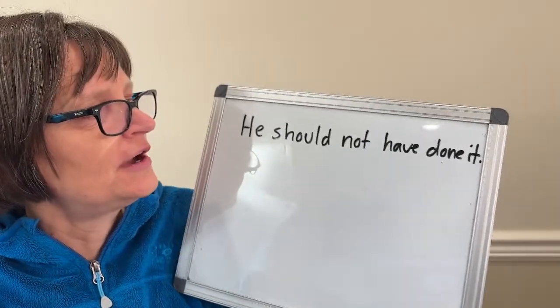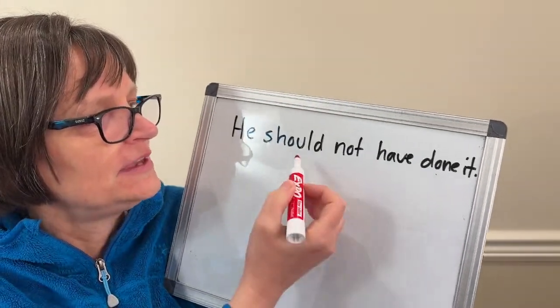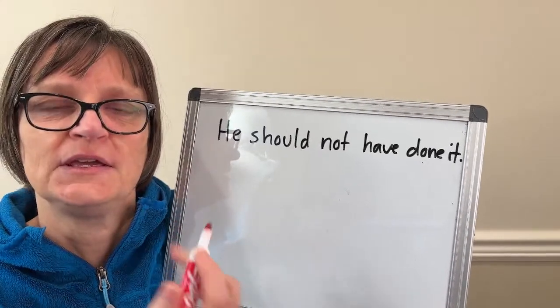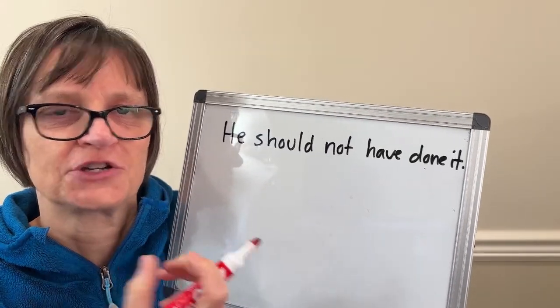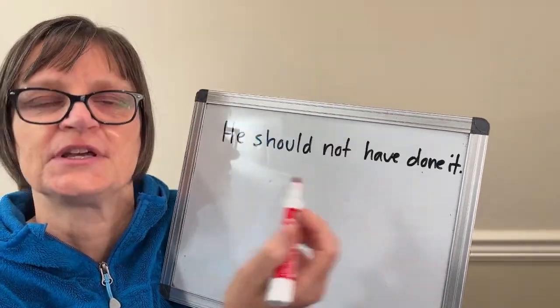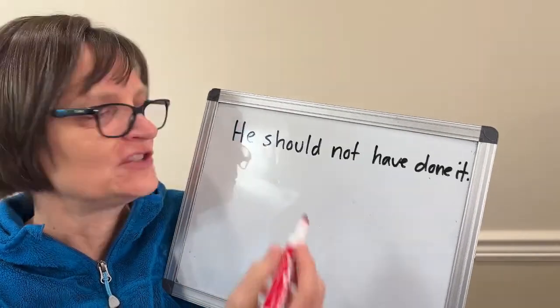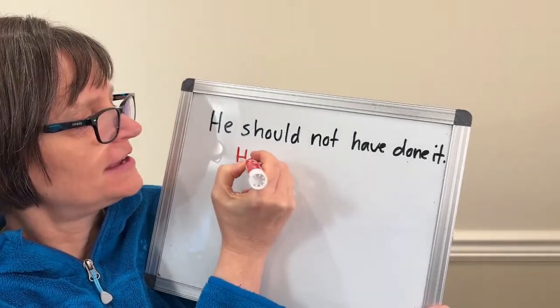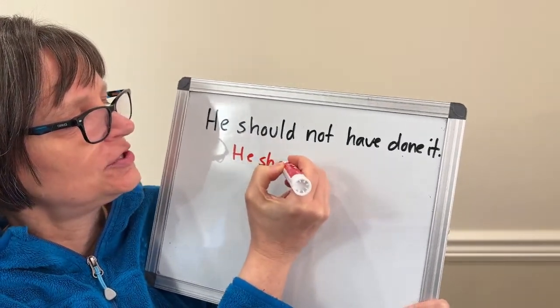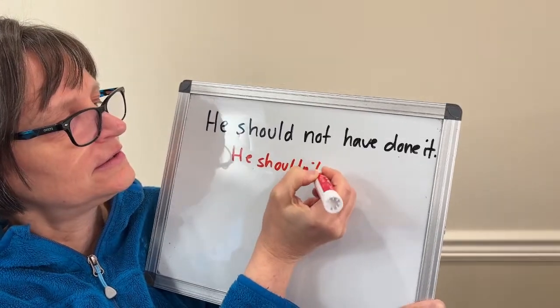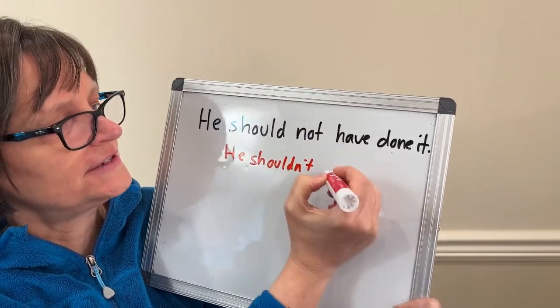Okay, so first of all, we tend to make a contraction of should not. We can do this in writing and speaking, so I'll rewrite this as he shouldn't have done it.